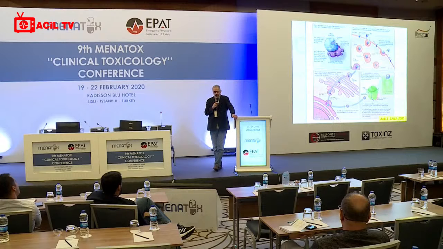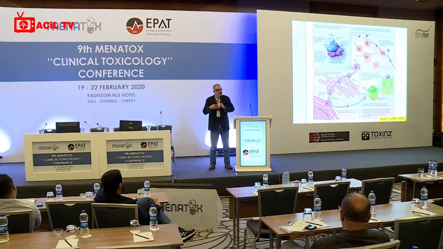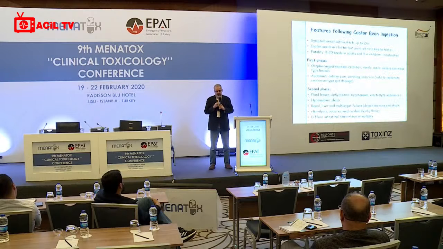So it is glucosidase, and it inactivates the ribosome subunit by removing an adenosine in the ribosomal RNA 28S. And then the protein production will stop and the cell will die. So that is the mechanism of action.